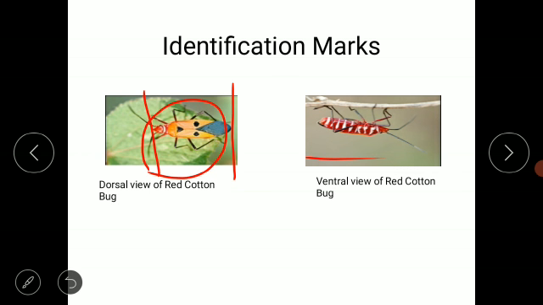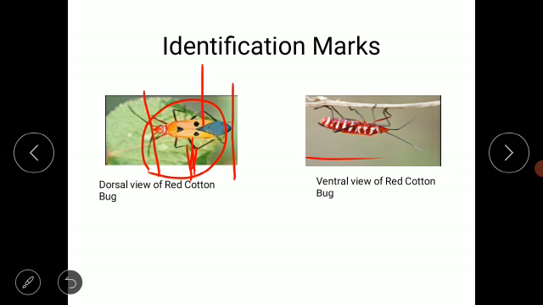So already we discussed the characteristic of the order Hemiptera. In order Hemiptera, the forewings are membranous, and those membranous forewings possess black colored spots. Here it is the black colored spot. So this is about the identification mark, the black spots which are present on the membranous forewing.